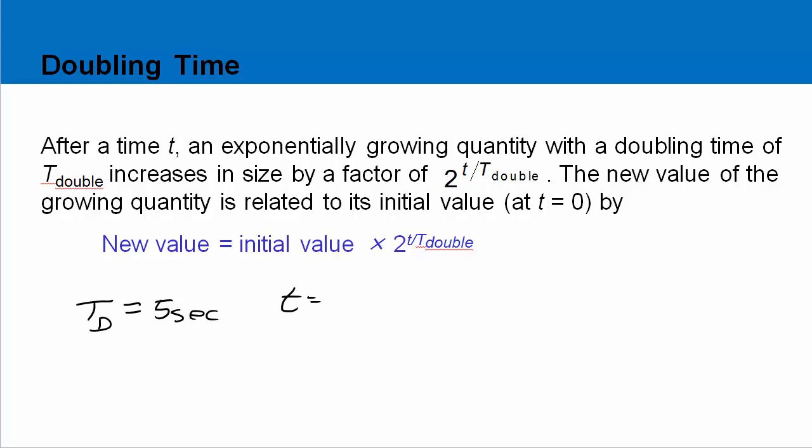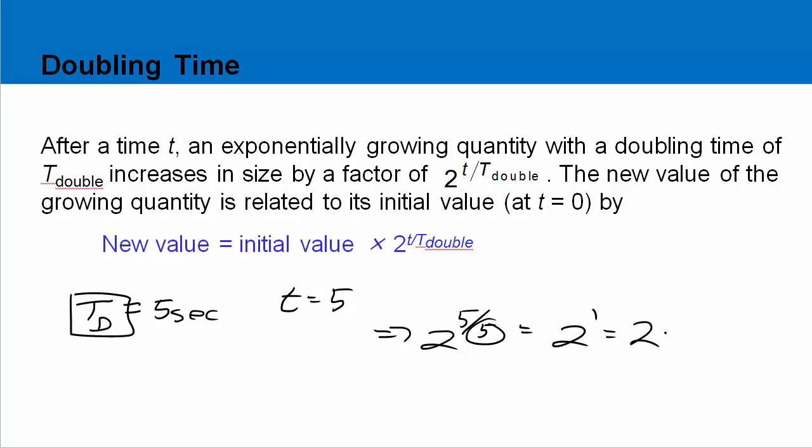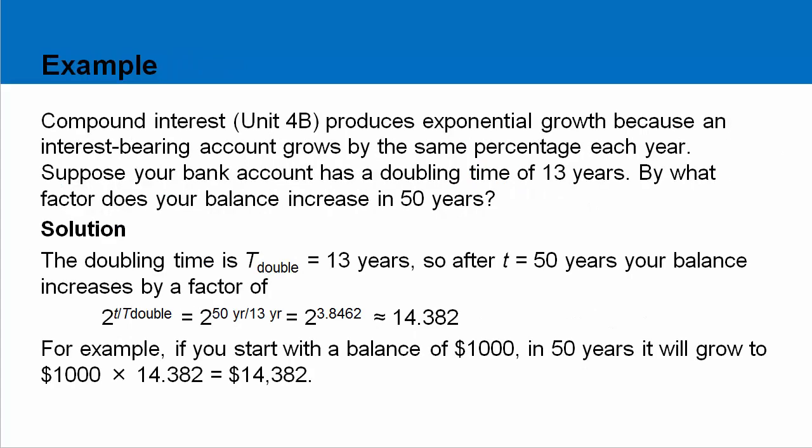So when little t is 5 seconds, then we get 2 to the 5 over 5, because this one here comes from TD, which ends up being just 2 to the 1, which of course is 2. So that's what we're basically getting at with this formula: if we know what the doubling time is, then the thing will increase in size by a factor of 2 to the power of little t over doubling time. Here's another example.